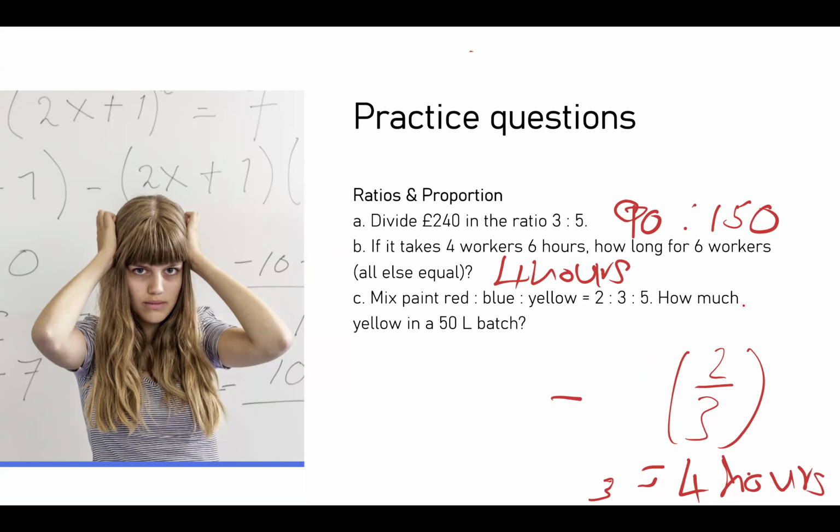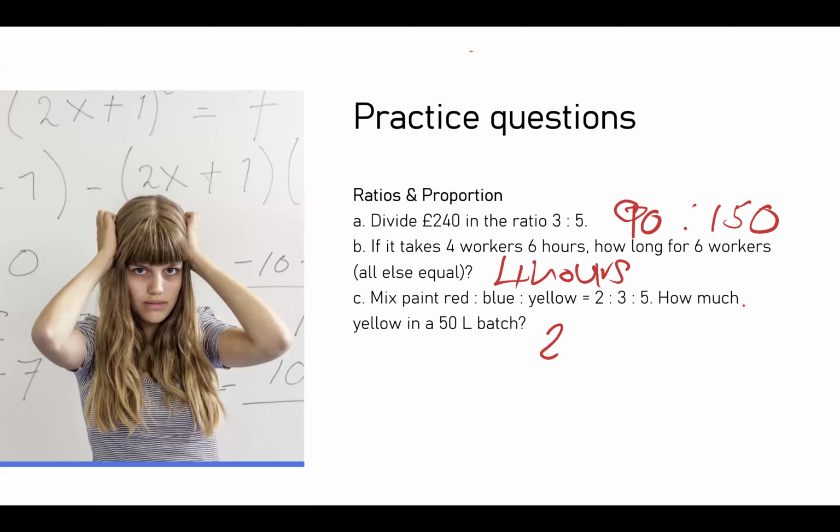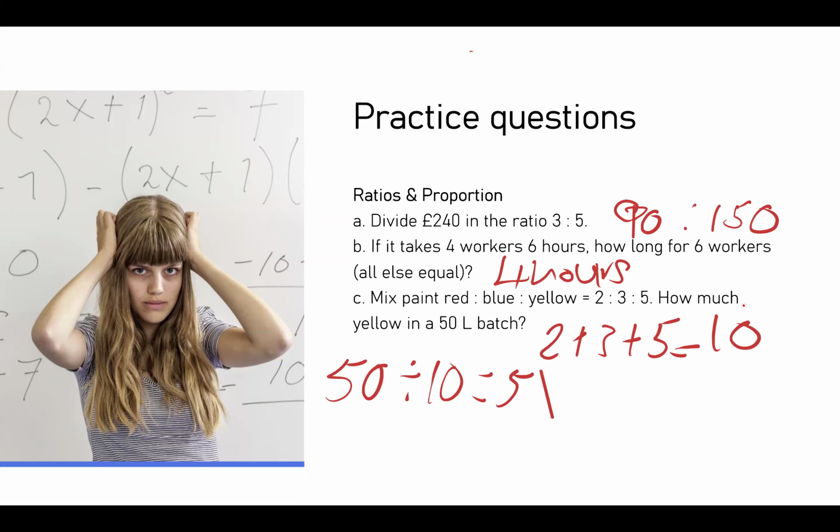The final one is mix red, blue, and yellow, in the ratio 2, 3, 5. How much yellow? So 2, add 3, add 5 equals 10. To work out one part, 50 divided by 10 equals 5 liters.